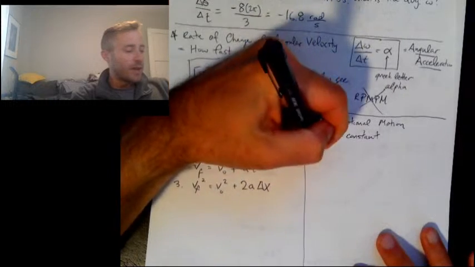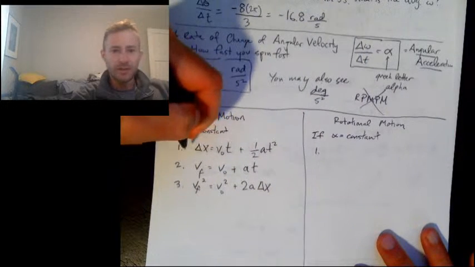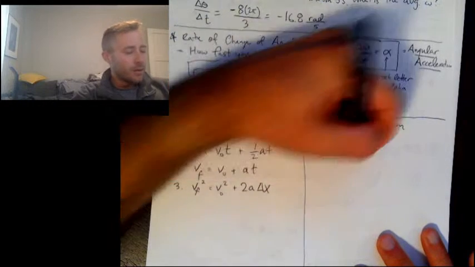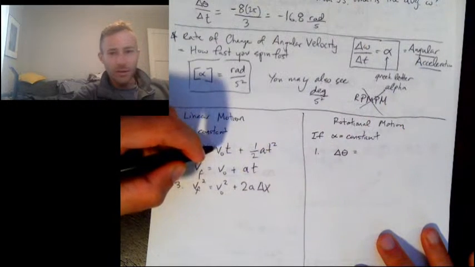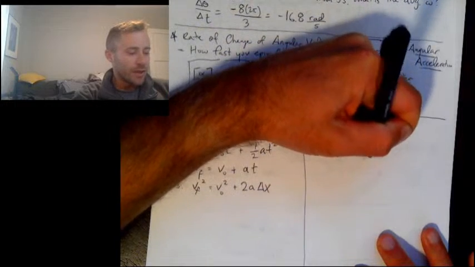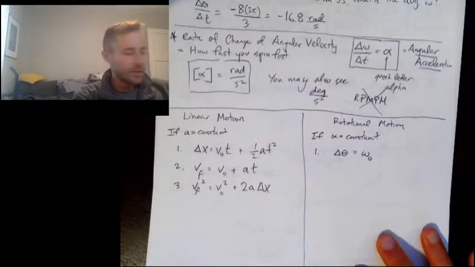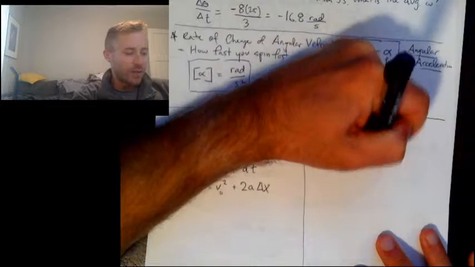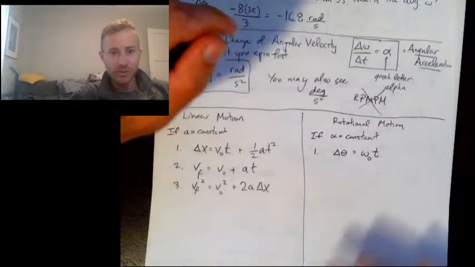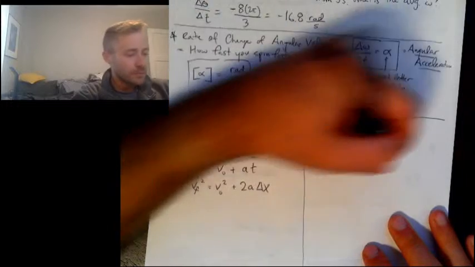Okay? So the analog of linear displacement is angular displacement. The analog of initial linear velocity is initial angular velocity. Time is just time. Time is the same whether you're talking about linear motion or angular motion.